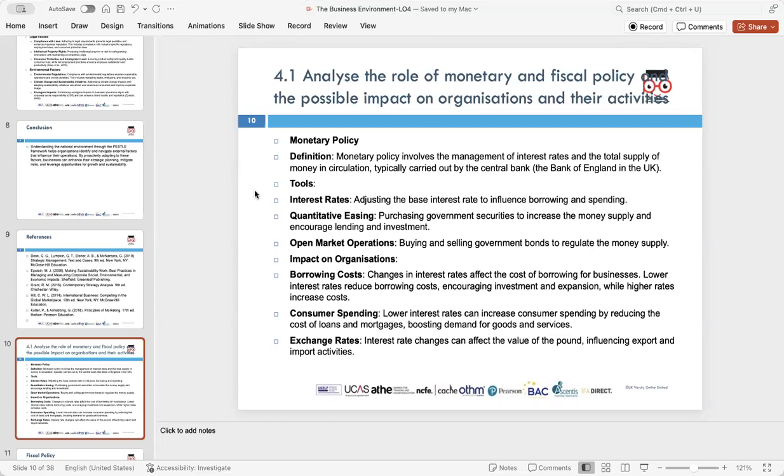This task is typically undertaken by a country's central bank, such as the Bank of England in the UK. Monetary policy is important for stabilizing the economy and fostering conditions that promote sustainable economic growth.